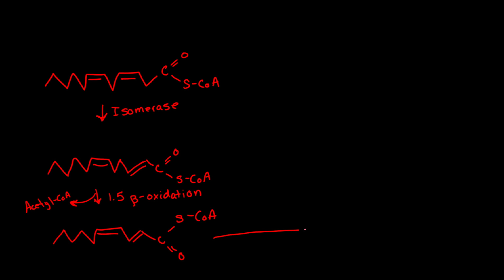This then has to go through a reductase. The reductase is going to take NADPH and turn it into NADP+. And so now we're going to lose one of these double bonds.